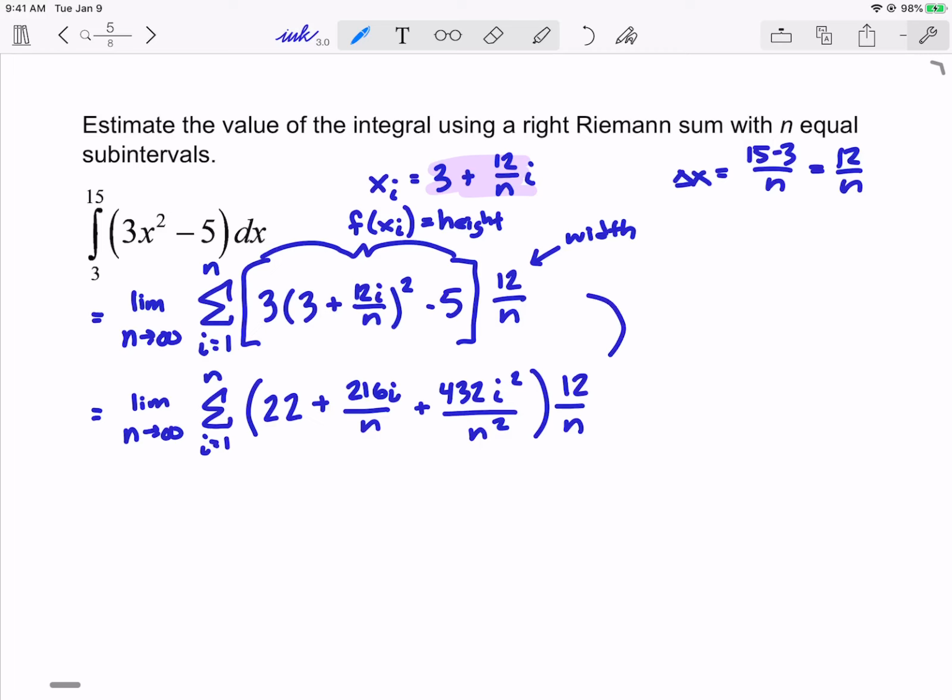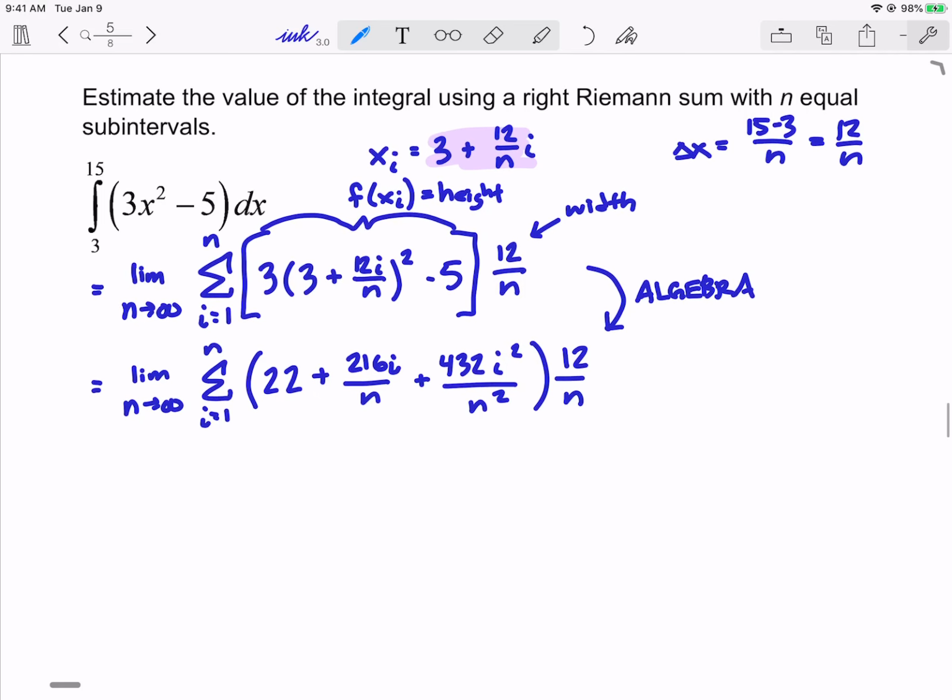So what I'm telling you is that there's some algebra steps to be taken care of in between here. I would invite you to practice that. That's good for your algebra skills. Now I'm going to distribute the 12 over n to everything. So I'm going to multiply all of these terms in here by 12 over n.